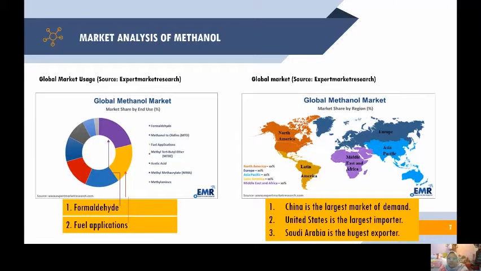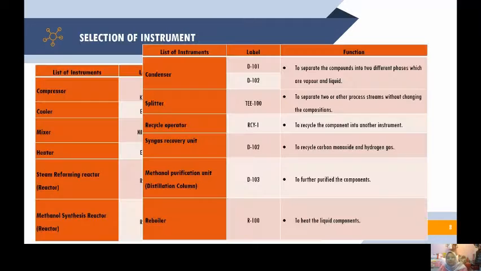And for the global market of methanol, based on expert market research, it stated that China is the largest market of demand for methanol, the United States is the largest importer, and Saudi Arabia is the biggest exporter of methanol.